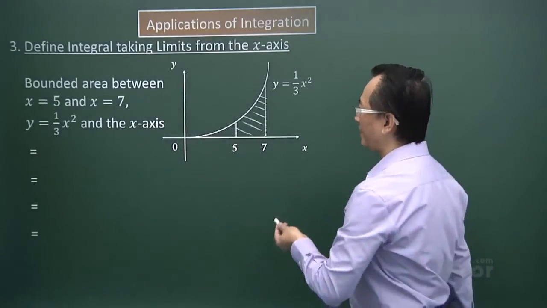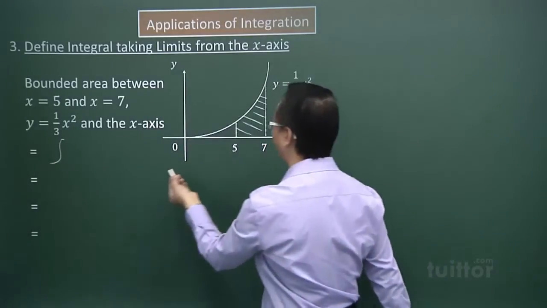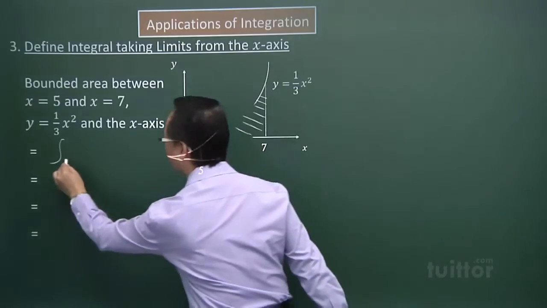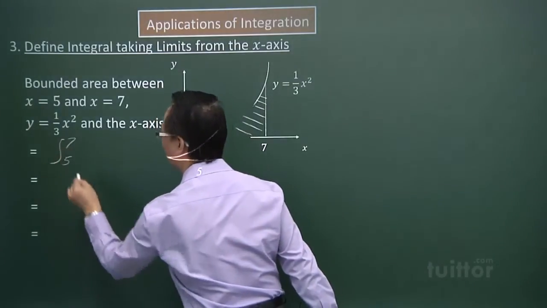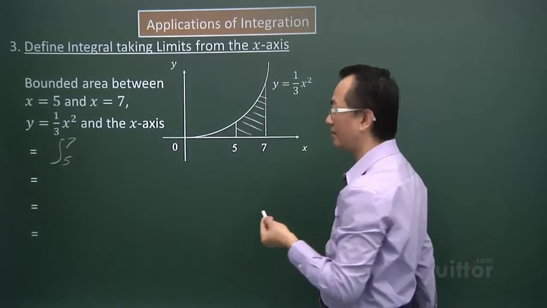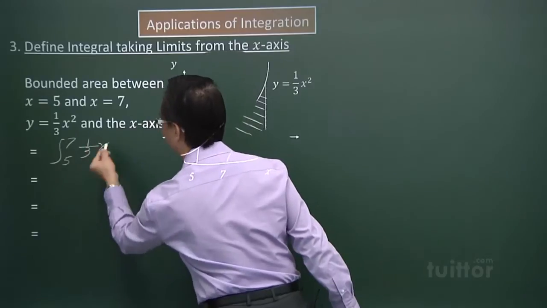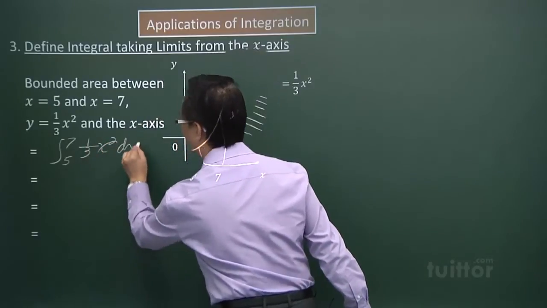So to find that area using integration, it would be to integrate from 5 to 7, the lower limit is 5, upper limit is 7. The function is 1/3 x squared. So that is the expression I will integrate with respect to x.